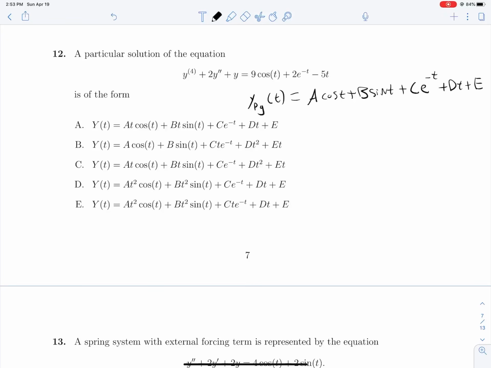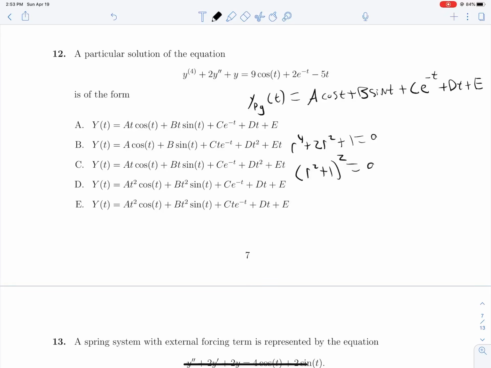But let's go solve our characteristic equation to see what that solution will look like. That'll tell us what up here we have to multiply by t, or even multiple t's. So r to the fourth plus 2r squared plus 1 is equal to 0. R squared plus 1 squared is equal to 0.